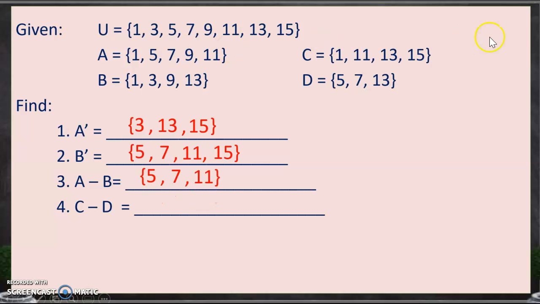Next, C minus D. Look at C and D. The common element of C and D is 13. So focus on set C. The answer is 1, 11, 15.